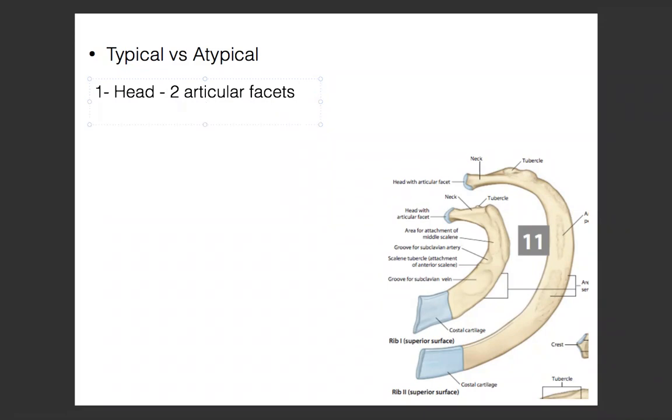The articular facets are supposed to attach to the rib above, and the corresponding vertebrae. The second thing is that it has to have a neck. The neck has an attachment for a ligament, the costotransverse ligament. The third criterion is that it should have a tubercle for the attachment of the transverse process.